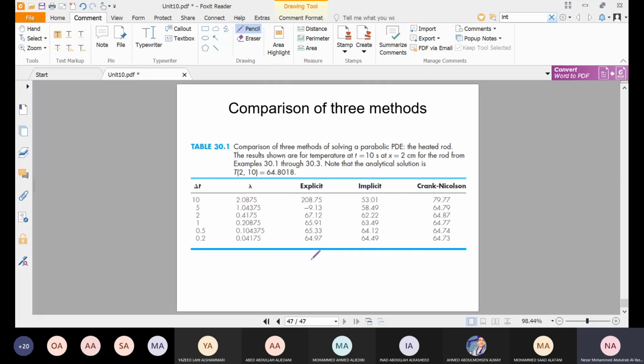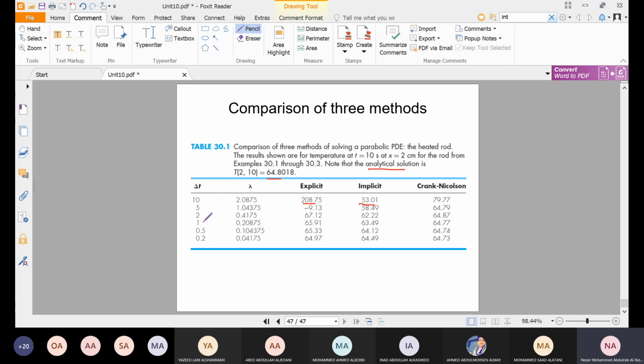Let's check this table. This table represents the accuracy, how accurate these are for the solution of the temperature. If the exact or analytical solution is, for example, 64.8 or 18, then by using the explicit method, if the step size is high, you can see the error is huge, and it can be a little bit smaller in the simple implicit method and also the Crank method.